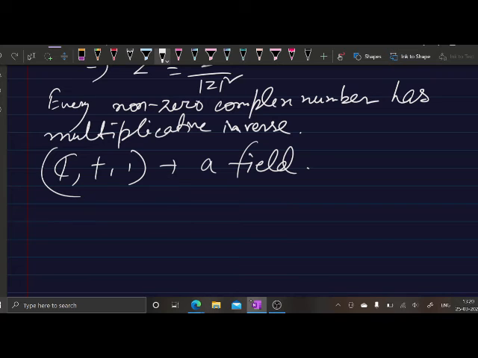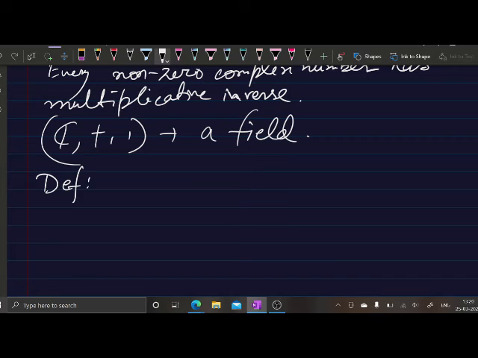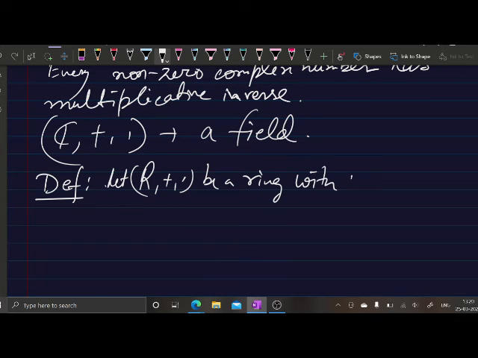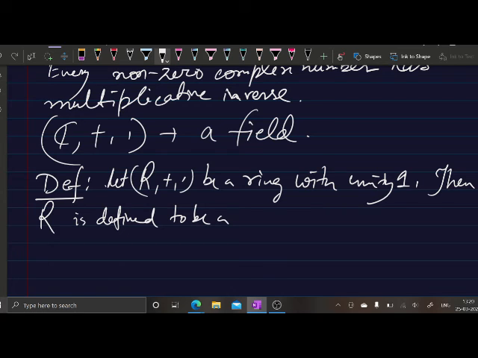Okay, so firstly we can define, let capital R plus dot be a ring with unity, because without unity you cannot talk about multiplicative inverses, right? So let R plus dot be a ring with unity 1, then R will be defined to be a skew field.